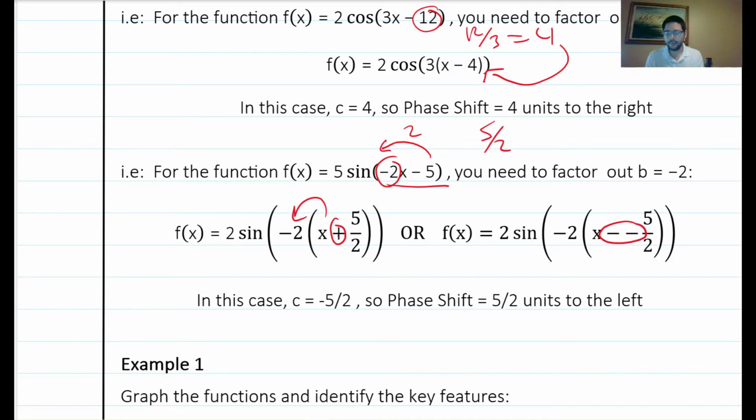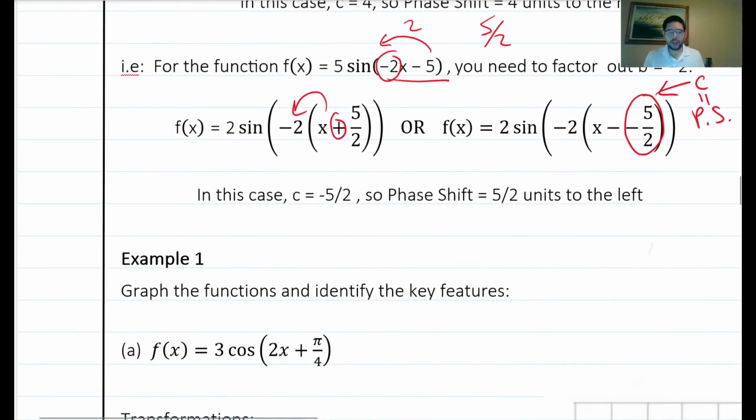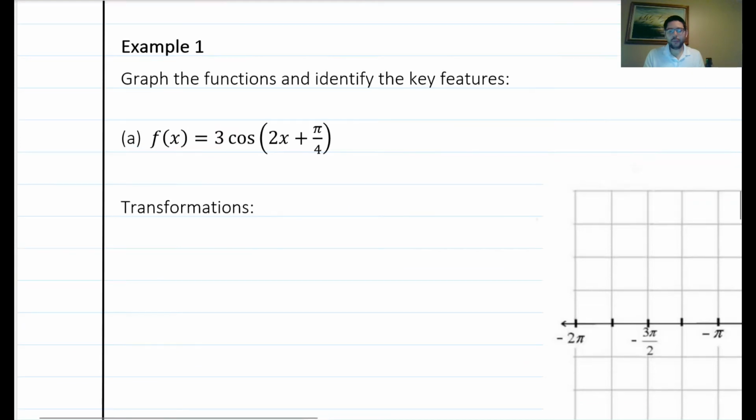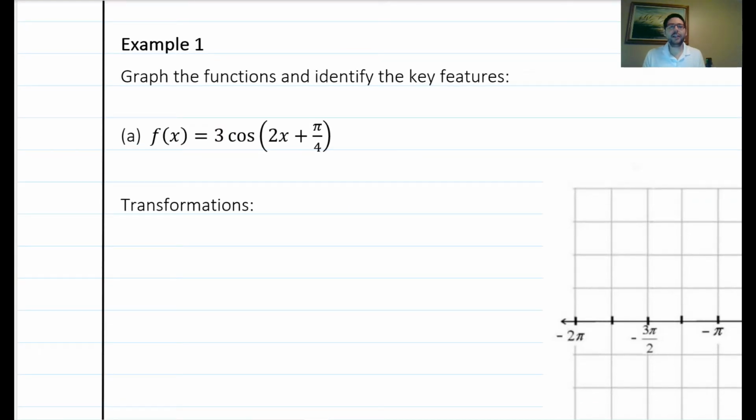So the actual C term is this part right here. That's my C, which is also my phase shift. So I know it's shifted to the left by 5 over 2. Okay, so let's look at some examples of graphing and identifying the key features.